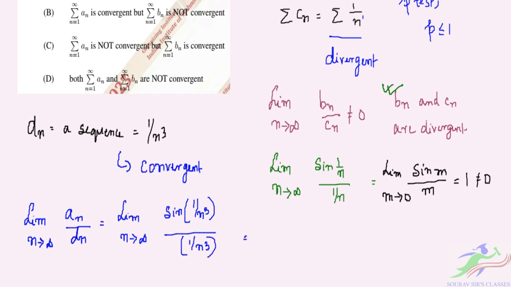Let us take it as sine of m by m, where m is 1 upon n cube. As n tends to infinity, n cube tends to infinity and 1 upon n cube tends to 0. So we have the limit as m tends to 0 of sine m by m, which is 1, a non-zero number. So obviously we can say that sine of 1 by n cube is convergent, as 1 by n cube is convergent.